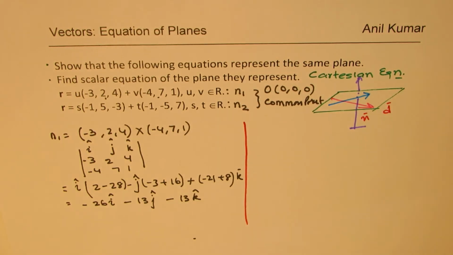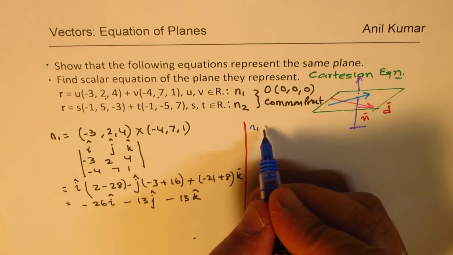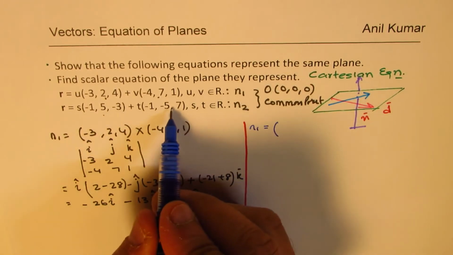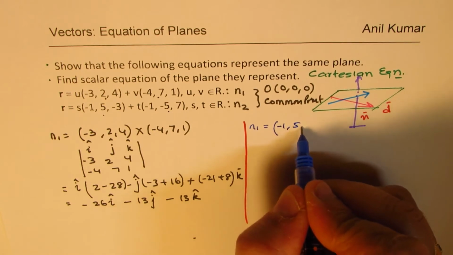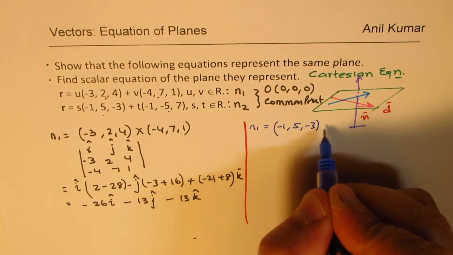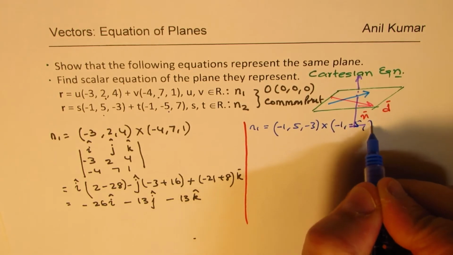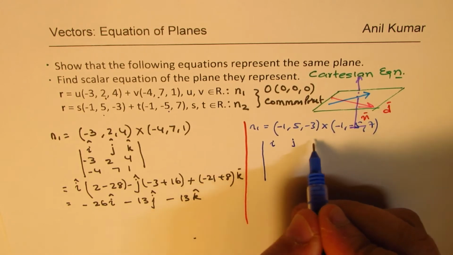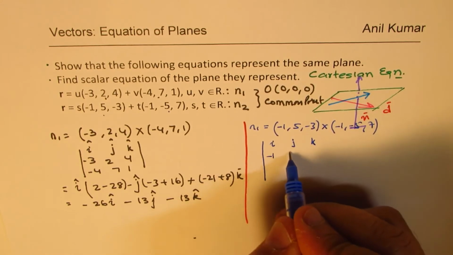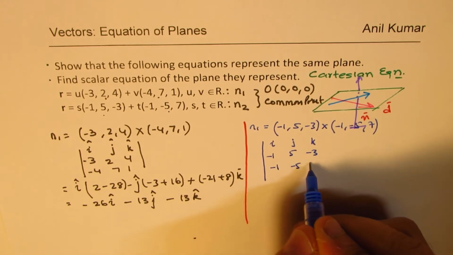Now let us find the normal for the second one. For the second one, we'll do the cross multiplication of these. So the cross product of (-1, 5, -3) with (-1, -5, 7). Using the same method, we get i, j, k, -1, 5, -3, -1, -5, 7.